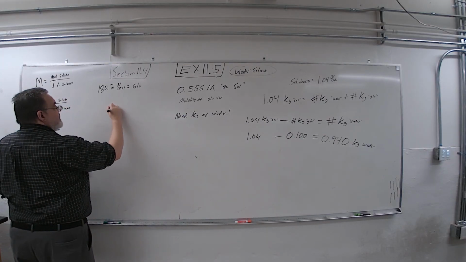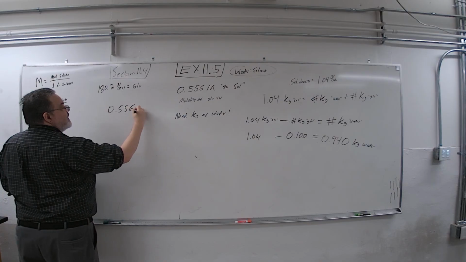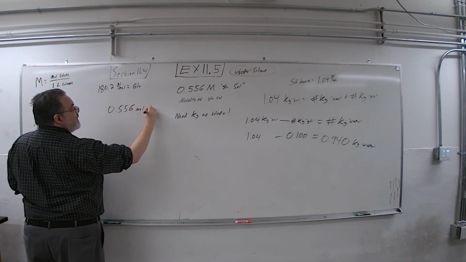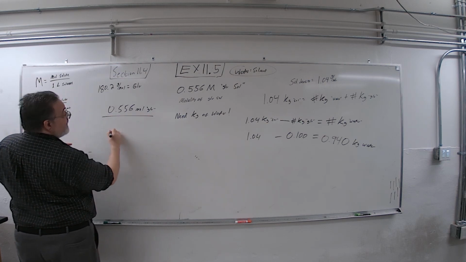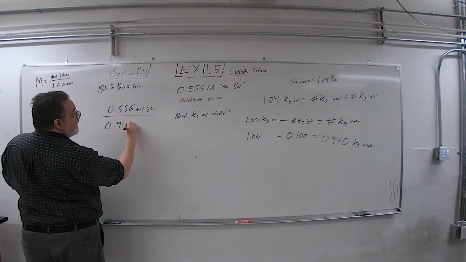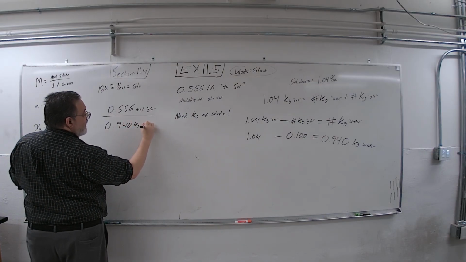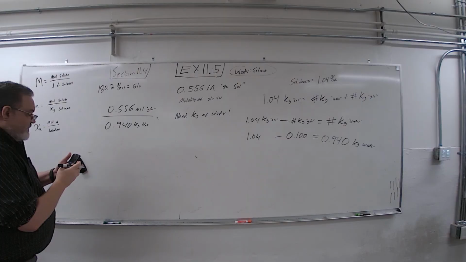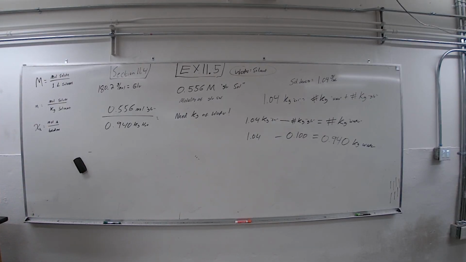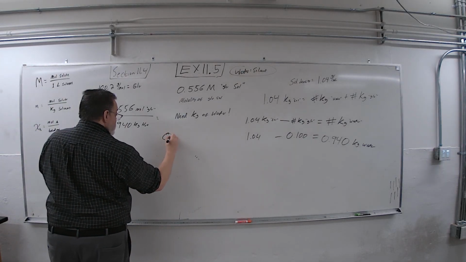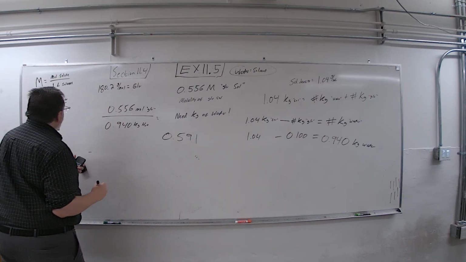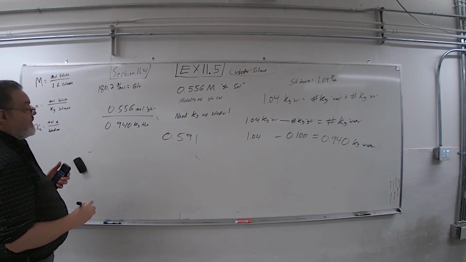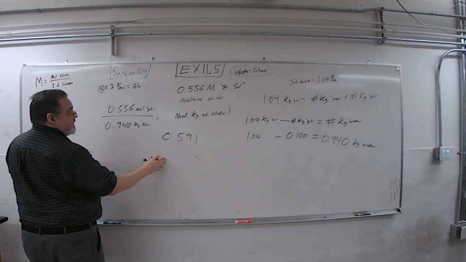So now it's just moles of glucose over kilograms of water, and that should give us the answer. 0.556 divided by 0.940. I get 0.591. This should be 3 significant figures, right? Sorry.